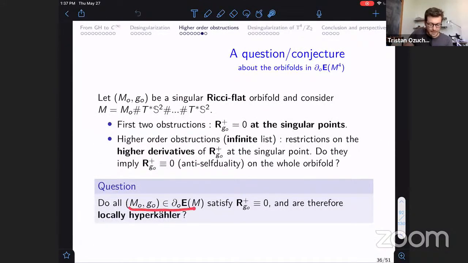If we have an Einstein orbifold which can be desingularized by Augustian metrics, does it have to just be locally hyperkähler? And so what I proved is essentially a second order version of this, or first order in the scale of just the curvature. And maybe hopefully looking at higher order obstructions will yield some results.